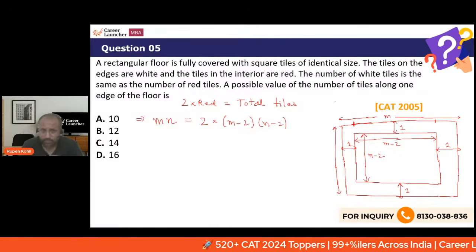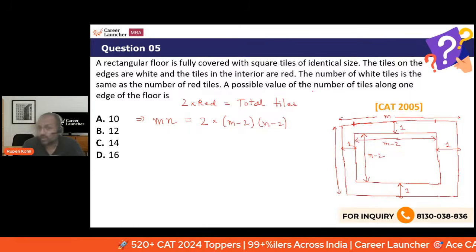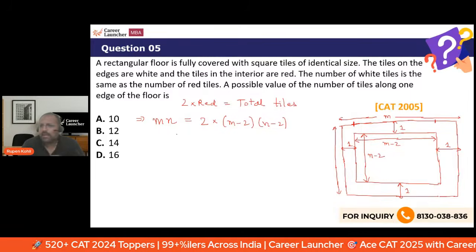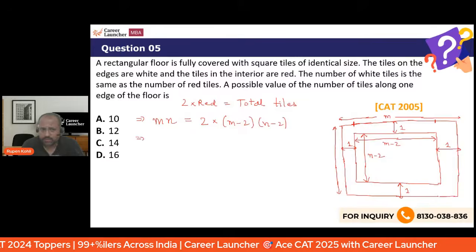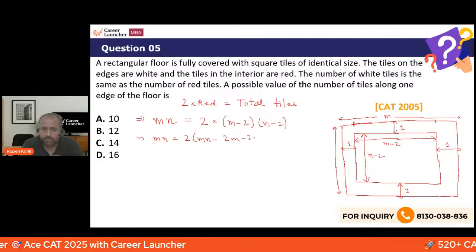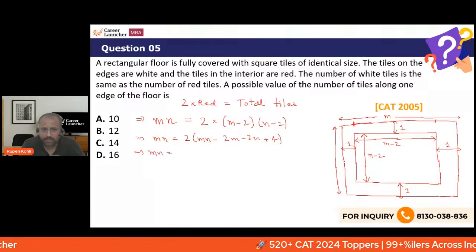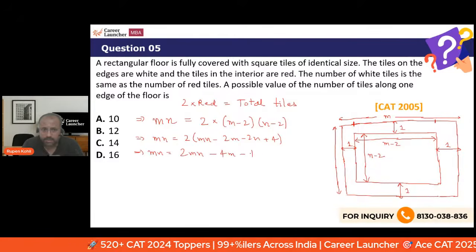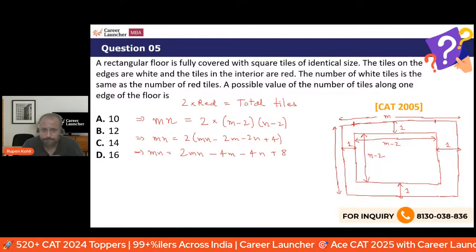We have to figure out the possibility of one of the values of m or n. Obviously m and n are integers; these are numbers of tiles. Let's see what we can find from here. mn is twice of mn minus 2m minus 2n plus 4. mn is 2mn minus 4m minus 4n plus 8.